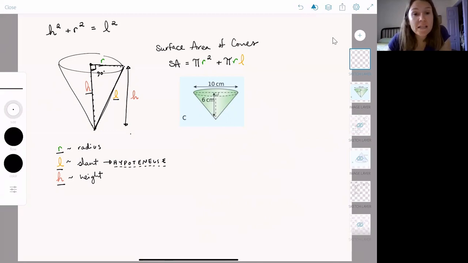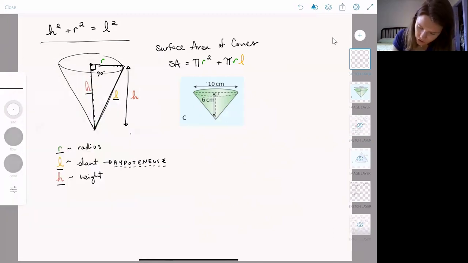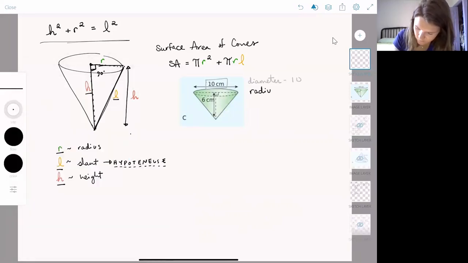And this is where we really are going to have to know this Pythagorean theorem, okay? So I'm going to start out first by identifying what I have. I have this number 10, which is my diameter. But I don't really want my diameter. I want my radius, which I know is always half my diameter, and therefore 5.